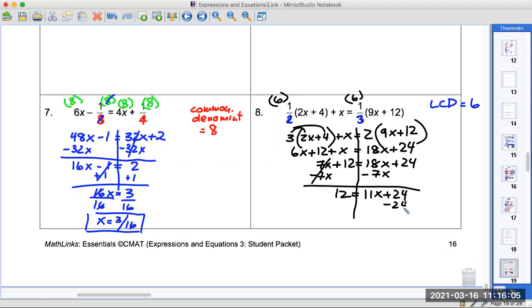Subtract 24. Negative 12. Divide both sides by 11. Negative 12 over 11 is an improper fraction. You can make a mixed number out of that. So that's negative 1 and 1/12.